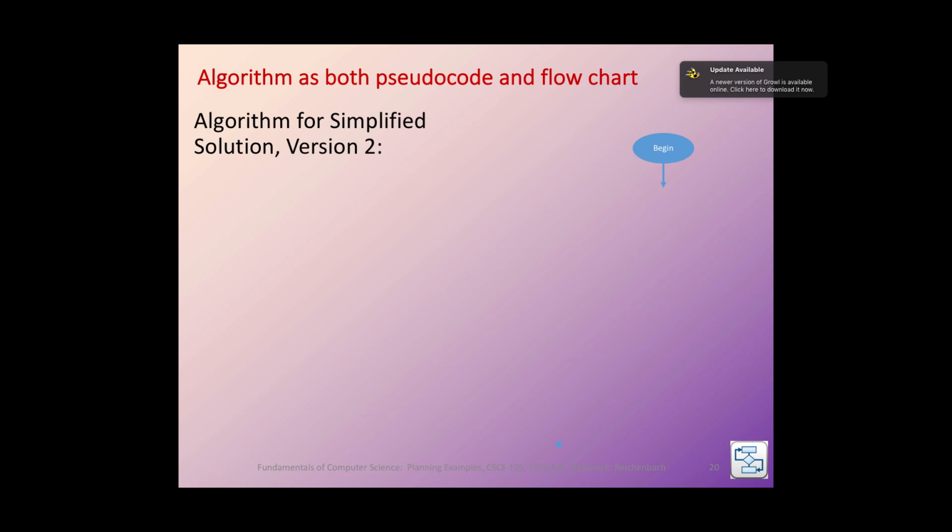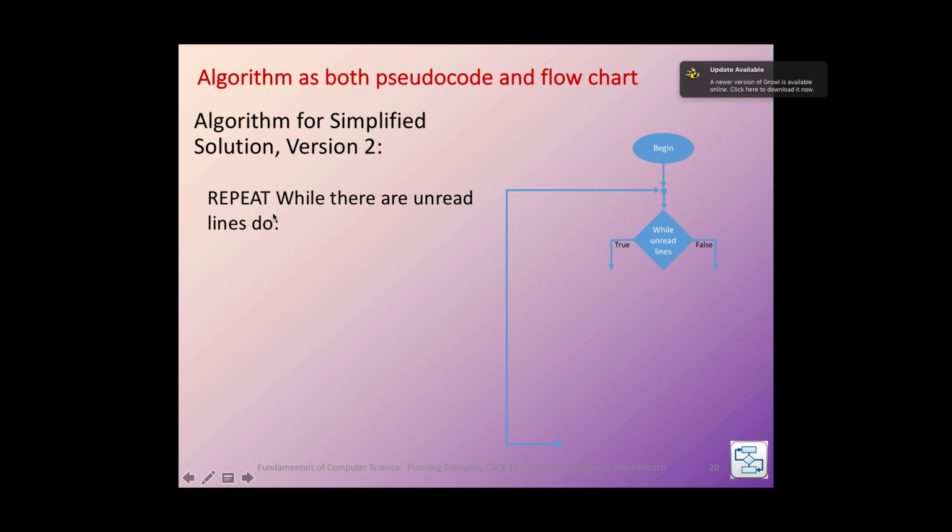Now, what we're going to do is look at both the pseudocode and the flowchart for our simple problem. You can see the first thing that happens after the begin, we hit the repeat in the pseudocode, and while there are unread lines, here we're coming to our diamond.